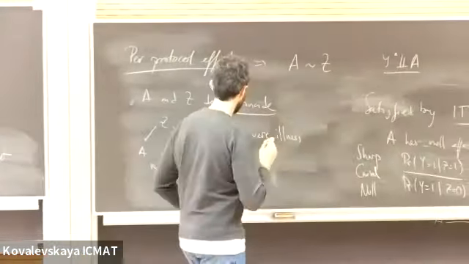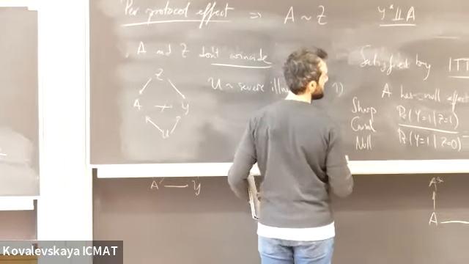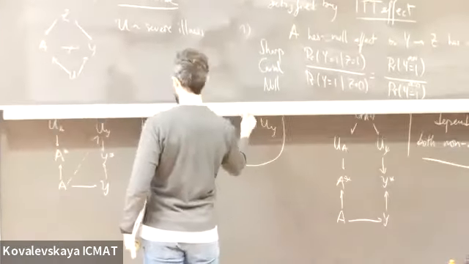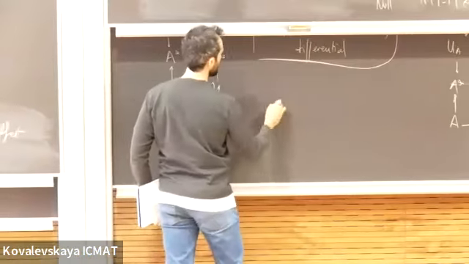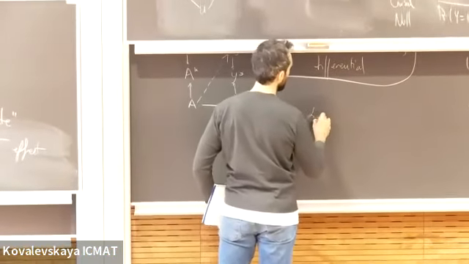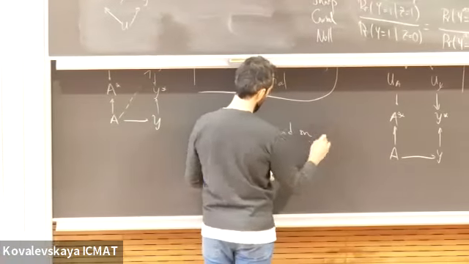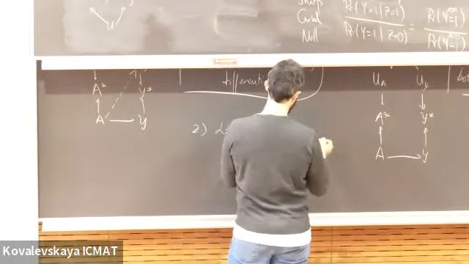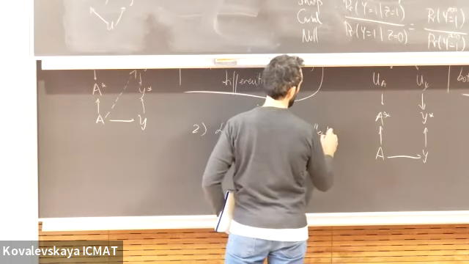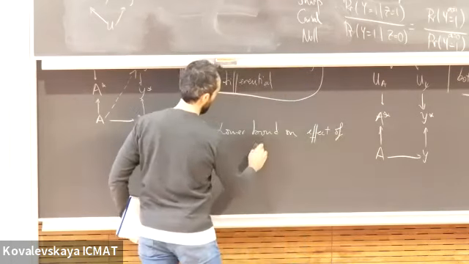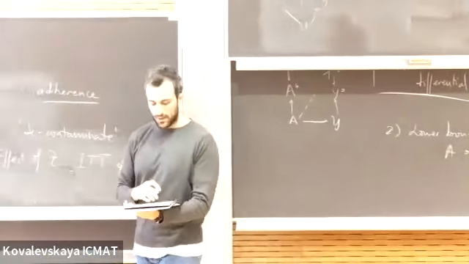This again, so this is one of the motives, if you want. And the second one, I'm going to use a little bit of empty space. The second one is lower bound on the per protocol effect, if you want, or on the effect of A on Y. So it plays a lower bound.